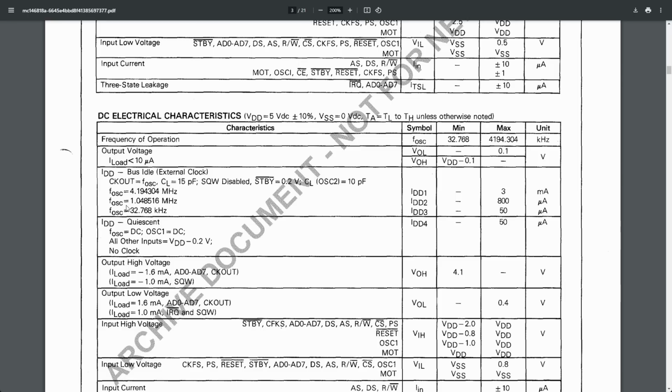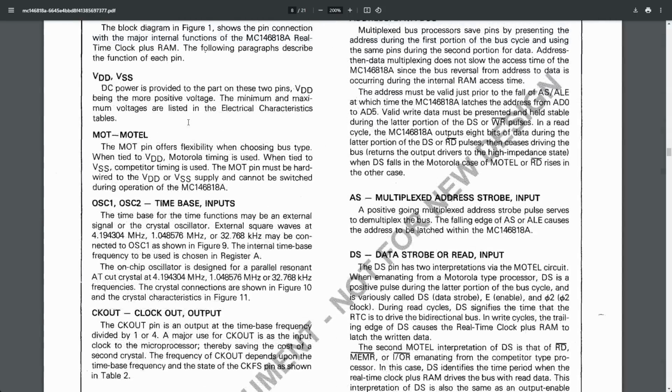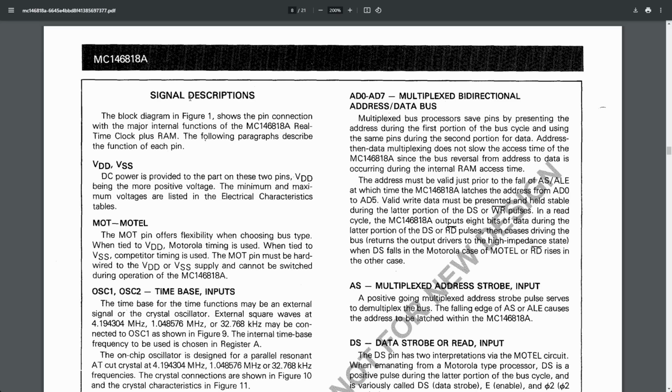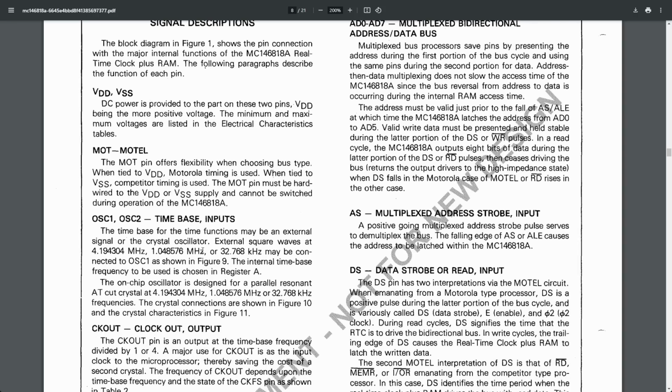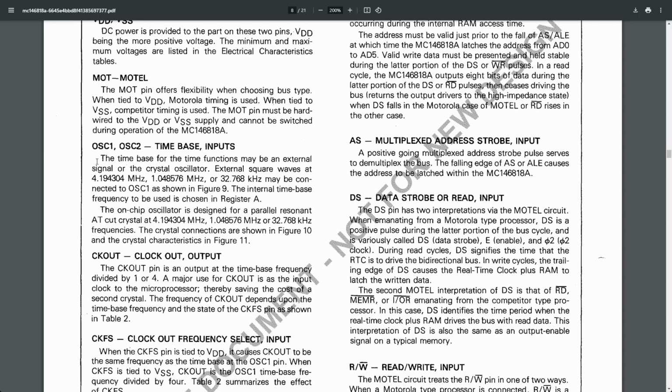So this is something that I'm familiar with. These are usually these tiny barrel-shaped crystals or oscillators that are on mostly all boards of that era. Now we get into something. Okay, so signal descriptions. There we go. Okay, so we have OSC1 and OSC2, time base inputs. So they're both inputs. My bad.